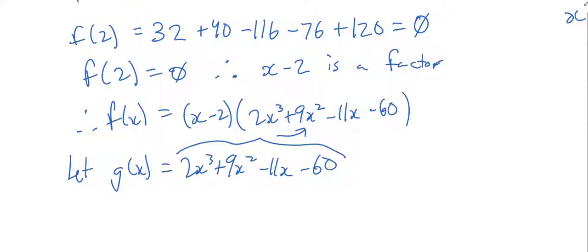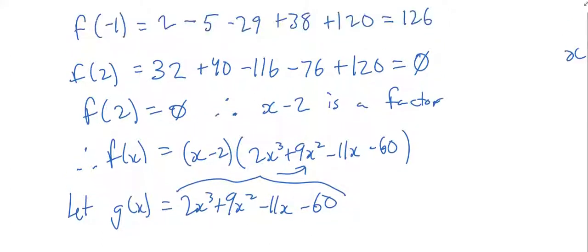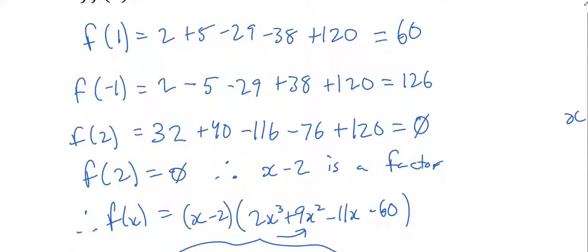Should I try 1 again? Some people say yes, some people say no. Why not? Okay, if 1 didn't work in f, is it going to work in g? No. Think about it.